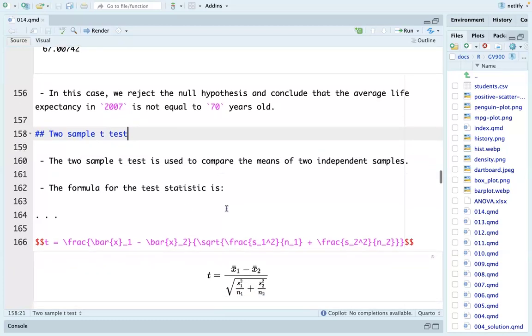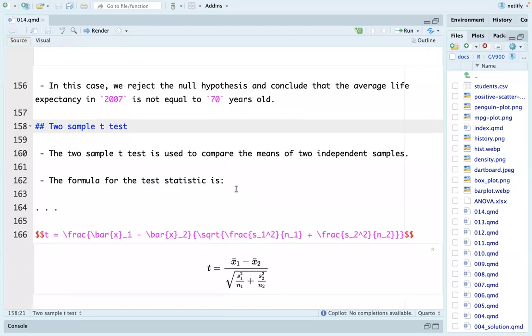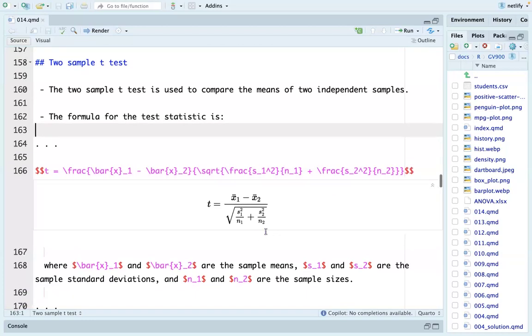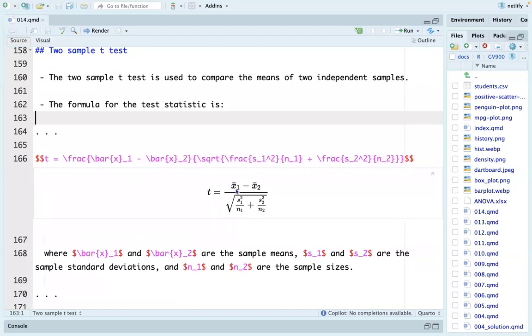Let's take a look at the two sample t-test. The two sample t-test is used to compare the means of two independent samples. The formula for the test is like this. Here, x1 is group 1's sample mean, x2 is group 2's sample mean, s1 is group 1's standard deviation, and s2 is group 2's standard deviation.